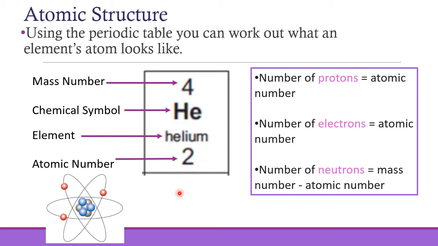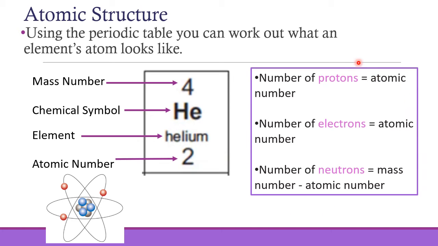So for example, we have helium here. This is how it's depicted in the periodic table. We've got a mass number, its chemical symbol, He, which stands for helium, and we've got its atomic number right here. Looking at this, it might look a little bit confusing, but it's actually quite easy using this little box here.